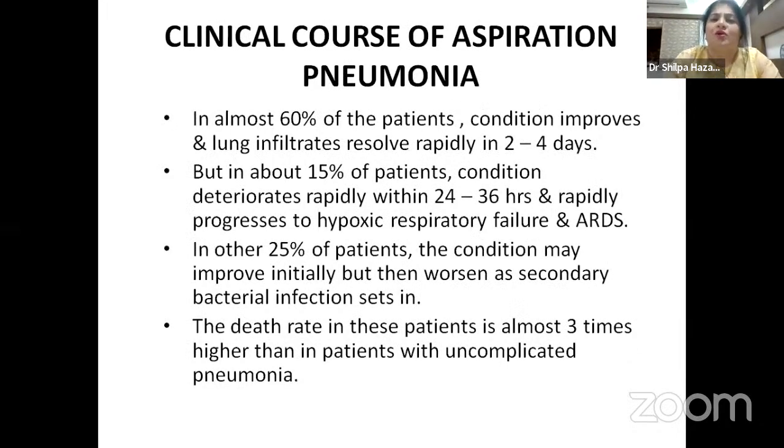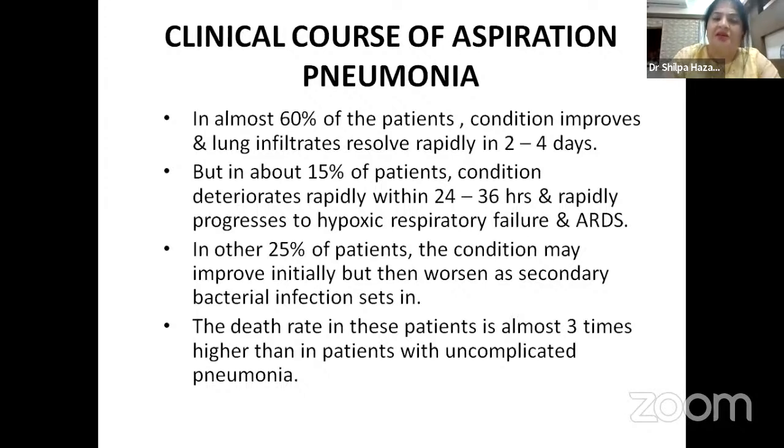So what is the clinical course? In children who are aspirating, almost 60% of the patients improve and the lung infiltrates resolve in 2 to 4 days. But in 15% of the patients, the condition deteriorates very rapidly within 24 to 36 hours, the respiratory distress goes on increasing, and they ultimately progress to hypoxic respiratory failure, and may land up in ARDS and on prolonged ventilation.